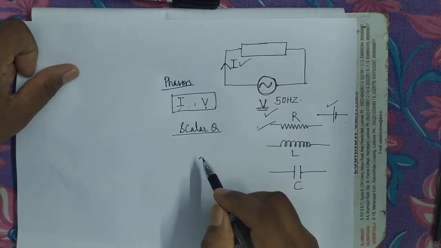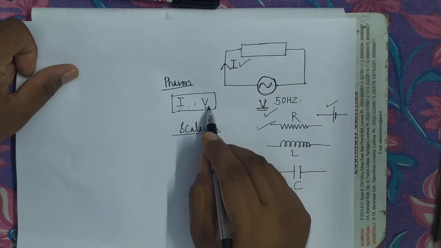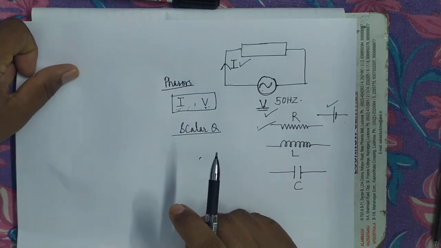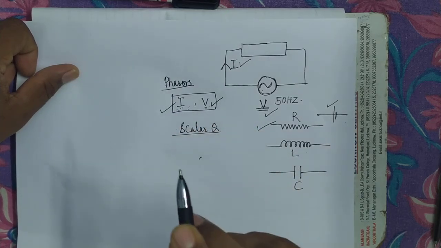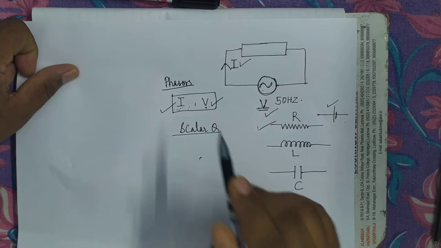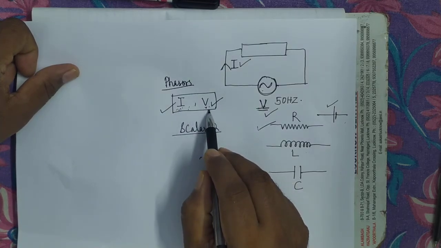And the phase difference between voltage and current will be the angle between these two phasors. So voltage and current both are purely scalar. There is nothing vector, but we can represent them geometrically. How and in what way? By treating them as phasors.